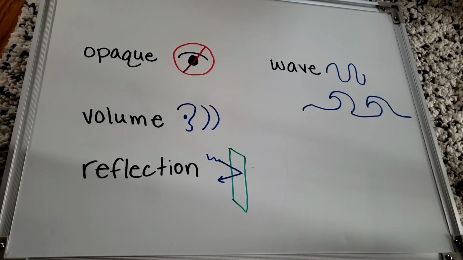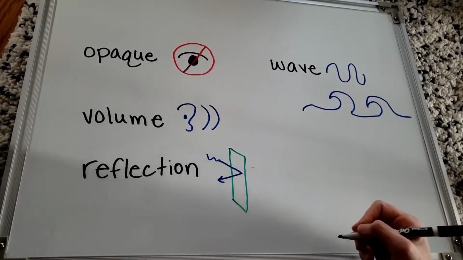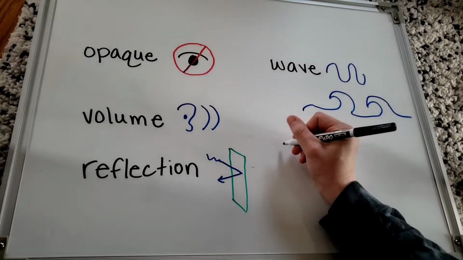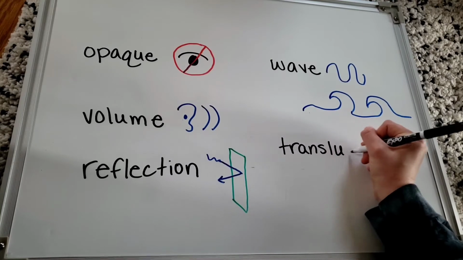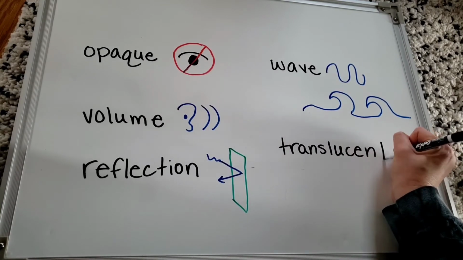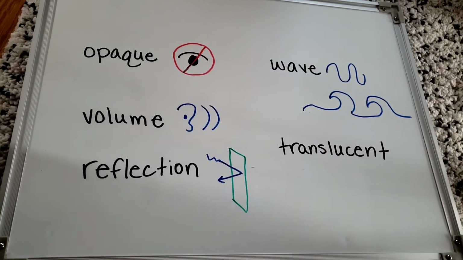Lastly, our final vocabulary word for the next 2 weeks is translucent. Translucent is actually the opposite of a word that's already on our board. Can you guess which word it is? If you guessed opaque, you are correct.